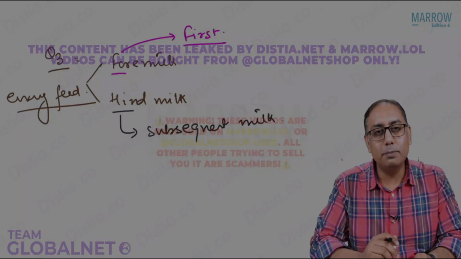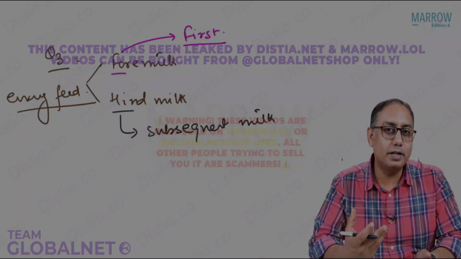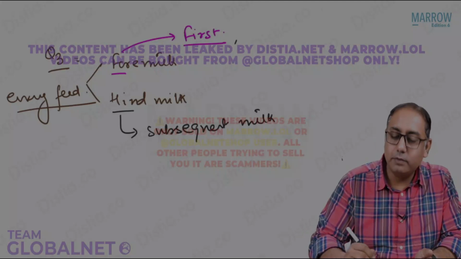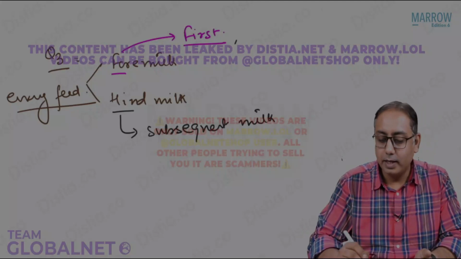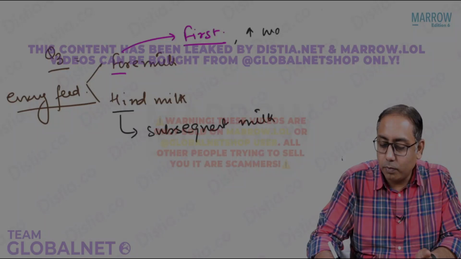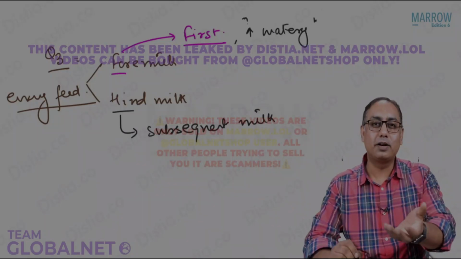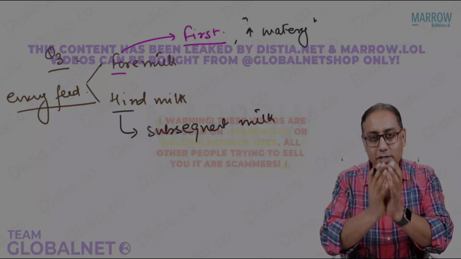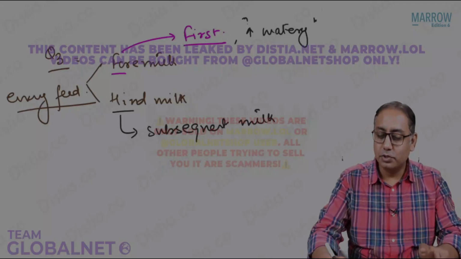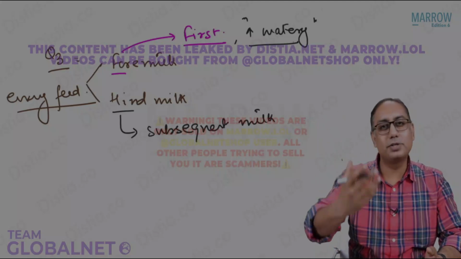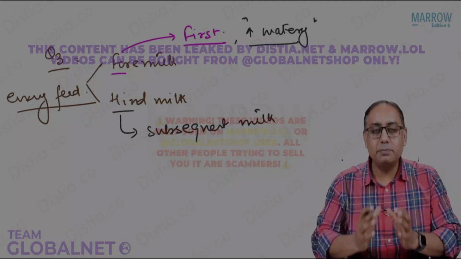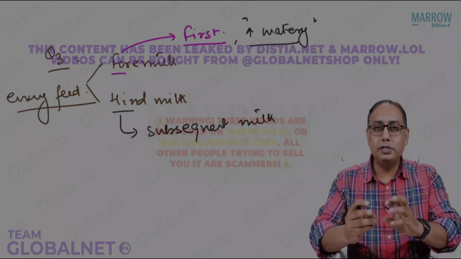So what do you think? Is the foremilk watery or is it more fatty? Please note that the first milk is foremilk and it is always more watery. When a guest comes to our home, we give them what, the food first or the water? We always serve the water first. So the first milk, God has also made the same mechanism. The first milk that is given to the child is usually watery.